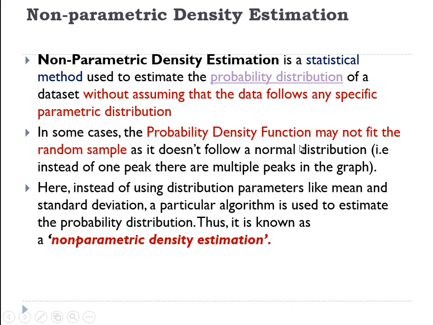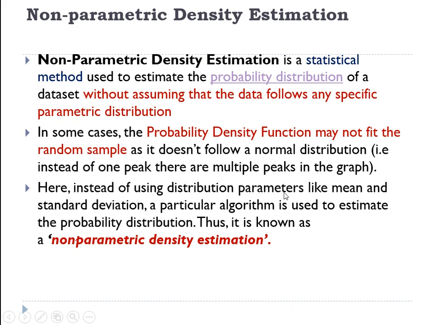Non-parametric density estimation happens with PDFs, or probability density functions, that do not fit the random sample, or do not follow a normal distribution. For example, instead of one peak, it may have multiple peaks in the graph. In such cases, I cannot calculate the mean, and I cannot calculate the standard deviation.